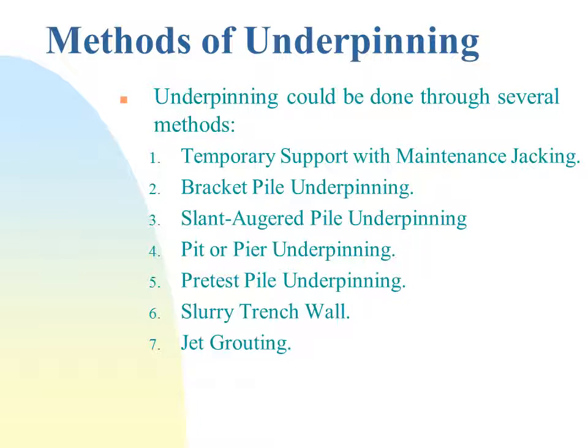However, the last two, number 6 and number 7, are mainly used if the general foundation system, a group of footings or a group of pile caps, is facing a certain problem. So we will be using number 6 and number 7 to encapsulate the whole foundation system.